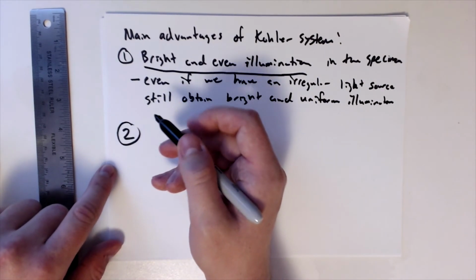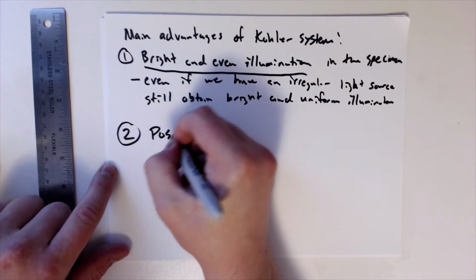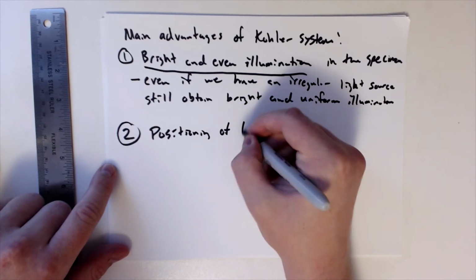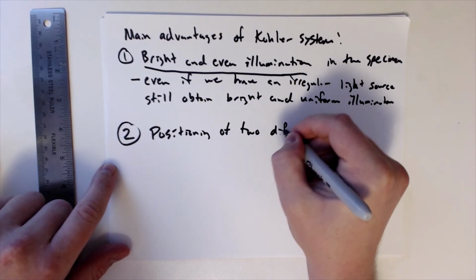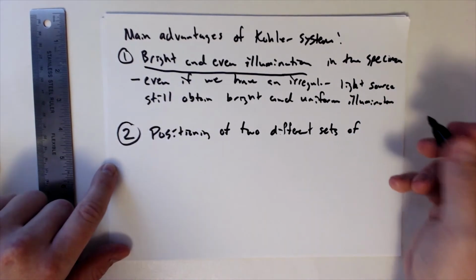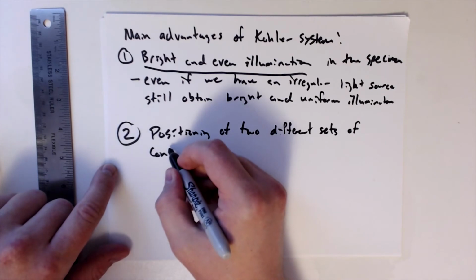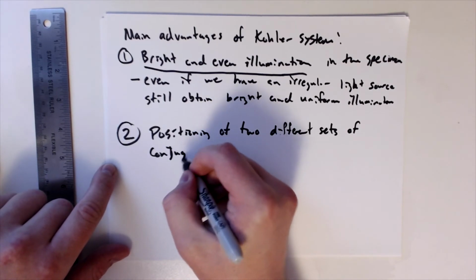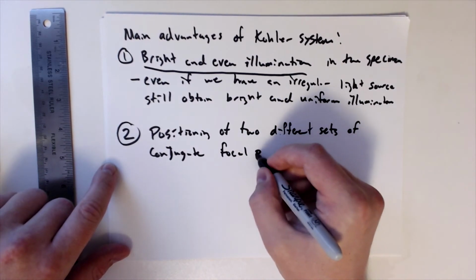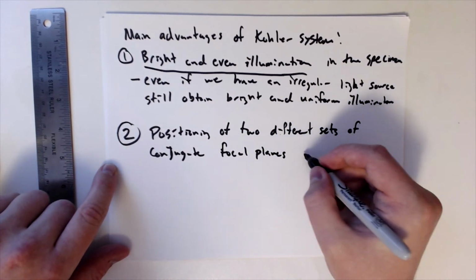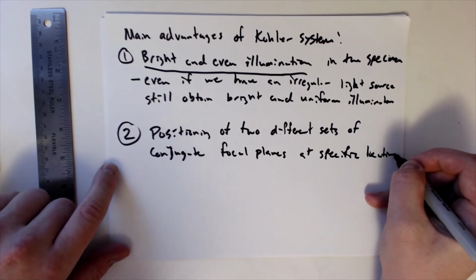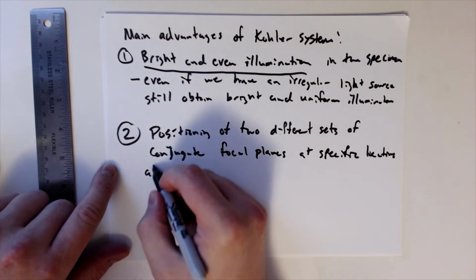But also, the positioning of those two different sets of conjugate focal planes at specific locations along our optical axis.